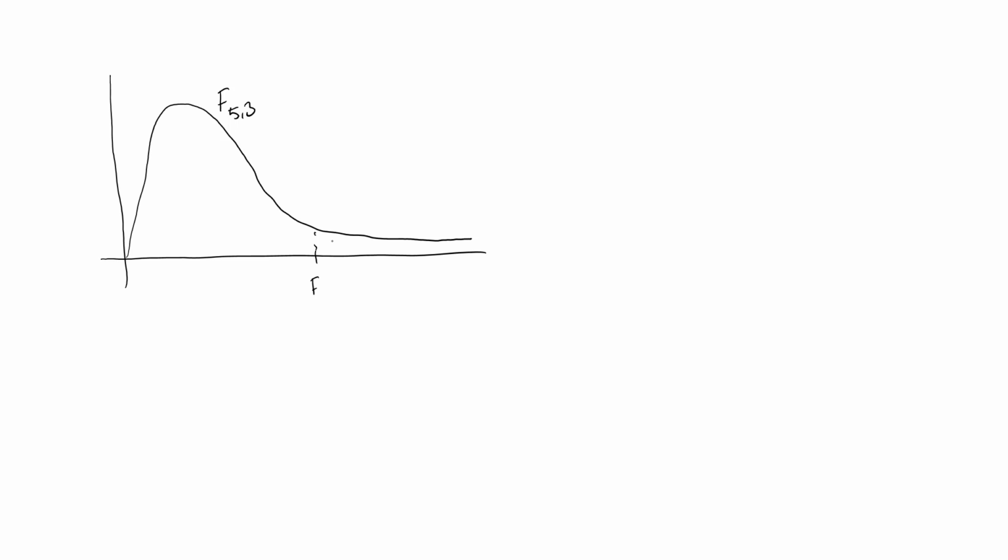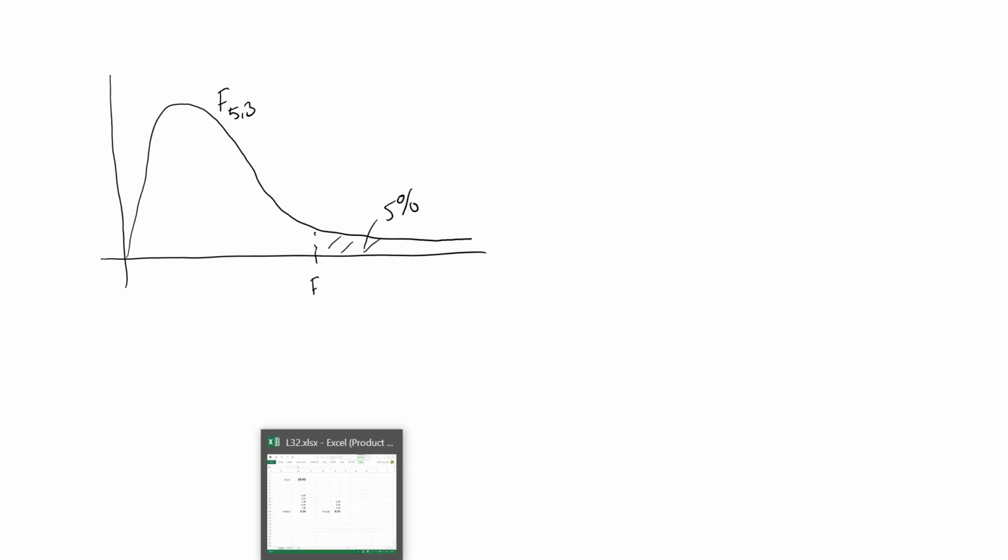Probabilities are almost always something you want to calculate from the right-hand tail. Not always, but most of the times. And most of the times it's the inverse problem that you want to calculate. So let's say that this is the PDF of F5,3. And I want to find this number here such that I have, let's say, 5% in the tail. We can do it using Excel.